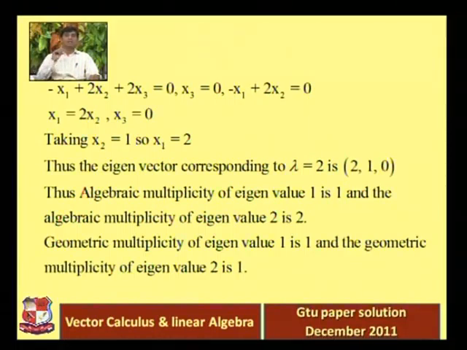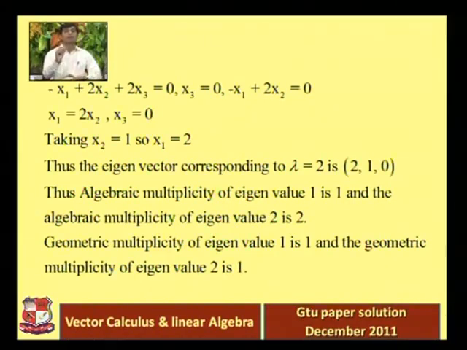Now you can see we have 1 and 2 as eigenvalues. 1 occurs 1 time, so the algebraic multiplicity of 1 is 1. 2 occurs 2 times as an eigenvalue, so the algebraic multiplicity of eigenvalue 2 is 2.